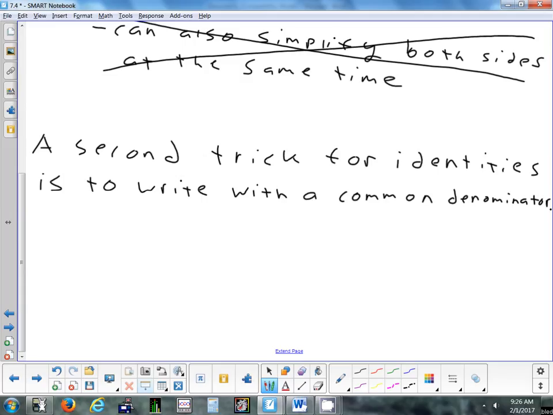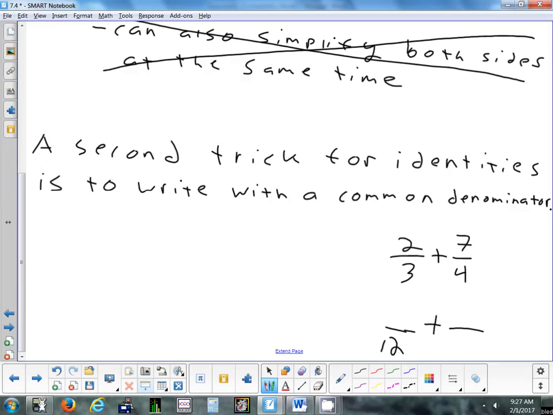Okay, a lot of times you use this trick when you have addition or subtraction and you have fractions. Right, so if you had something with just numbers, and I wanted to add those up, I need to find the common denominator. What's the common denominator between 3 and 4? 12.